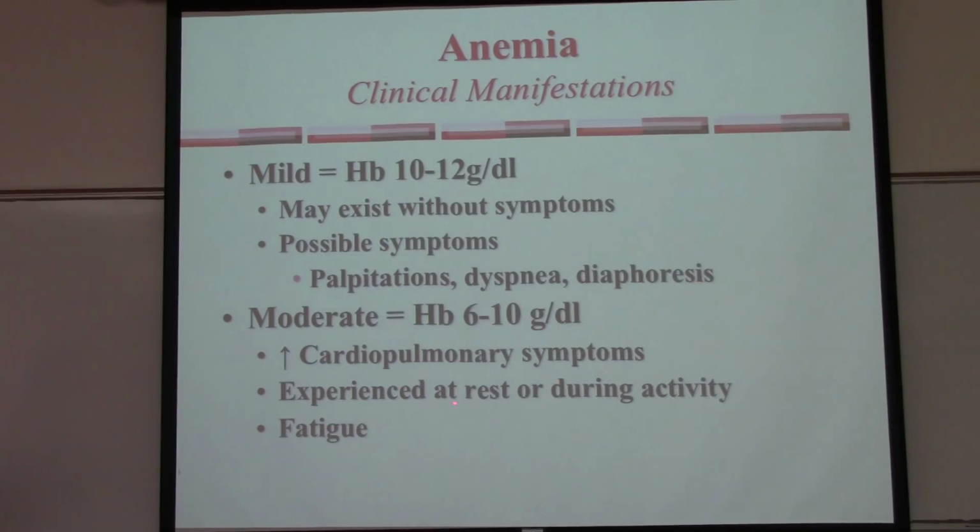But then when you get them active, their cells want more oxygen, and so the heart rate picks up to try to deliver that. So you see fatigue, because even at rest, they may not be getting everything that they should get.